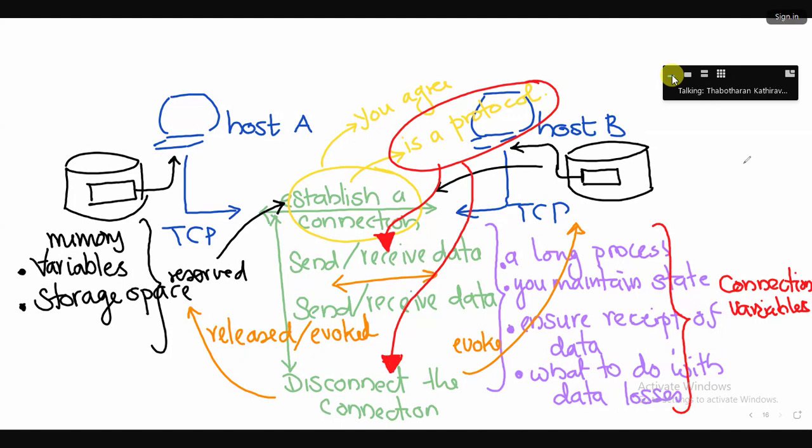Once that is done, the connection is over. TCP follows exactly this kind of pattern. We will continue the discussion on TCP in our next class.